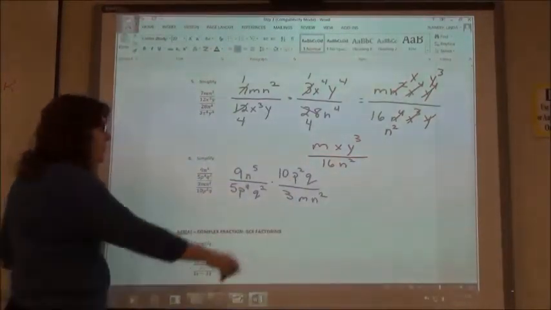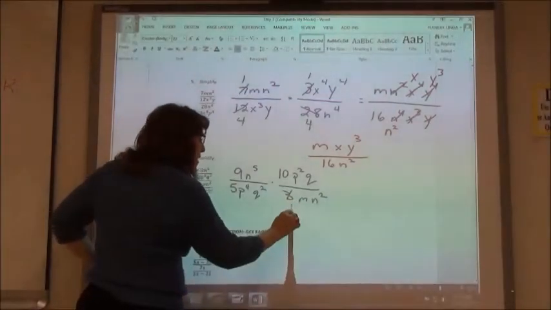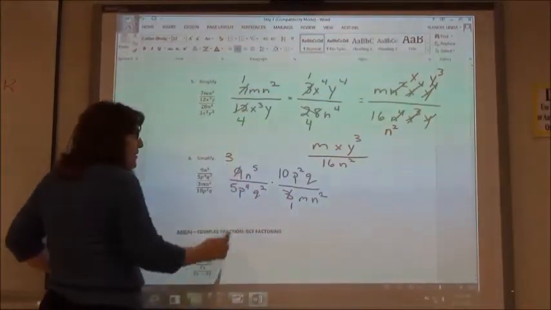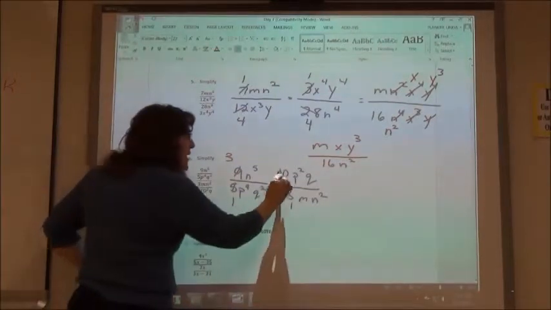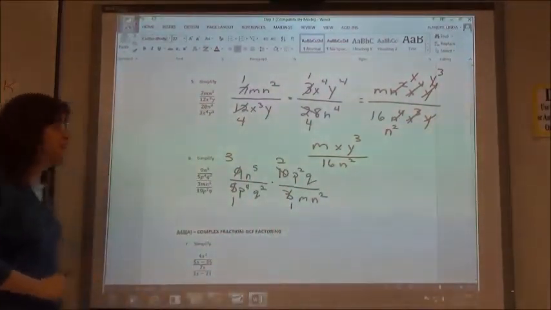I'm going to multiply. I'm going to say, okay, first of all, 3 goes into here once, into here 3 times. 5 goes into here once, and into 10 2 times.